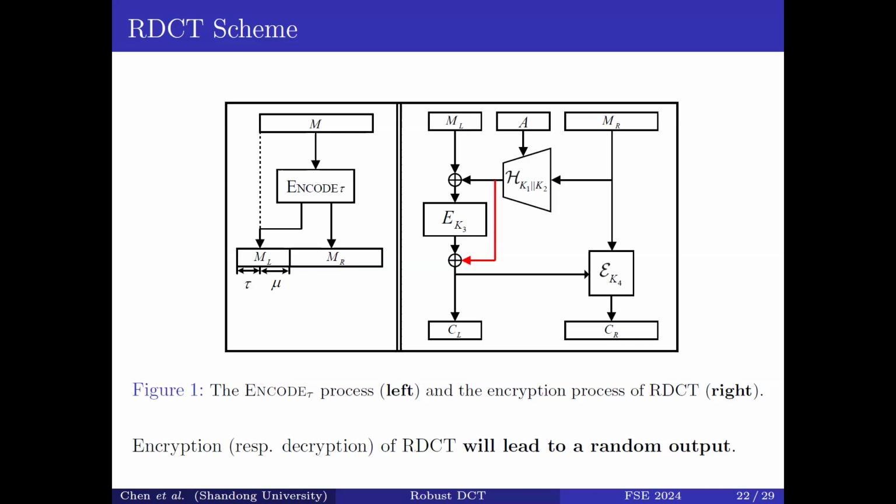This construction can take arbitrary length tweaks and XORs the input and output of the EK3. So the output of this construction is actually random. So after the modification, it will lead to a random stretch. Okay, thank you.